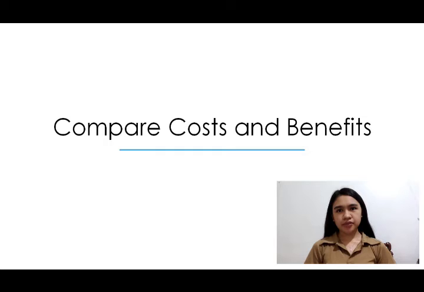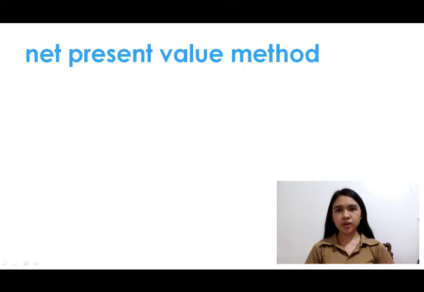Compare costs and benefits. The last step in the cost-benefit analysis is to compare the costs and benefits identified in the first two steps. The two most common methods used for evaluating information systems are net present value and payback.